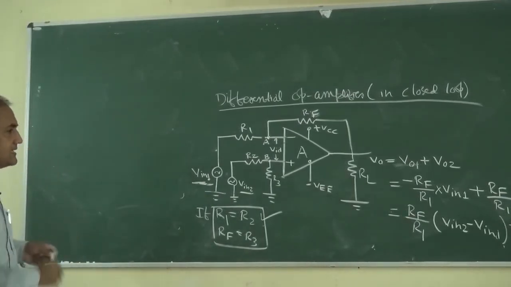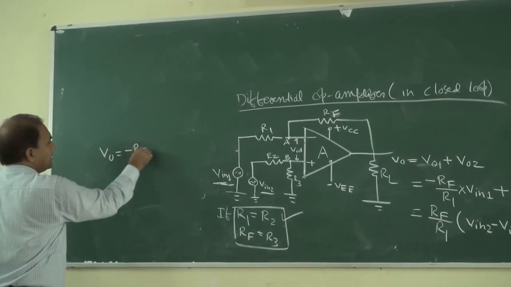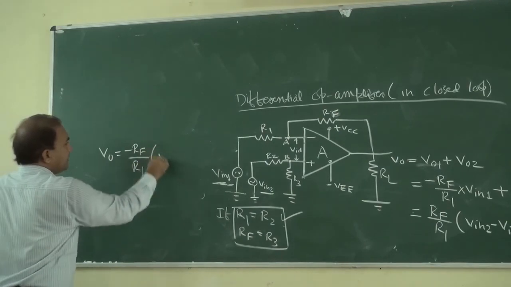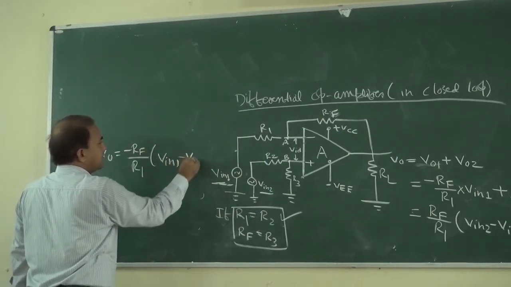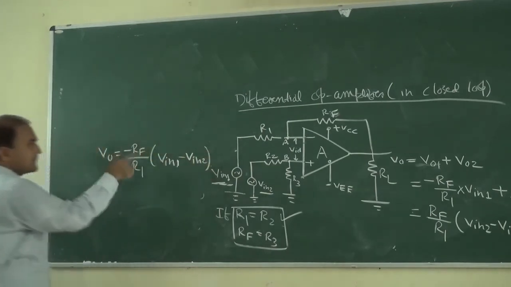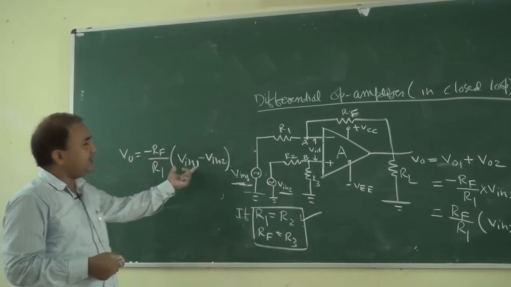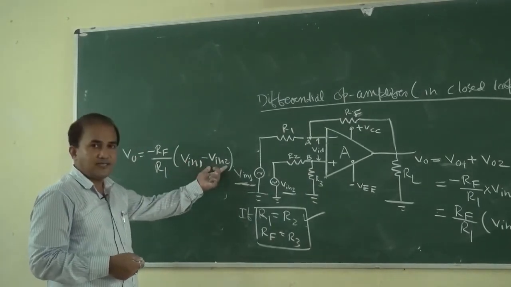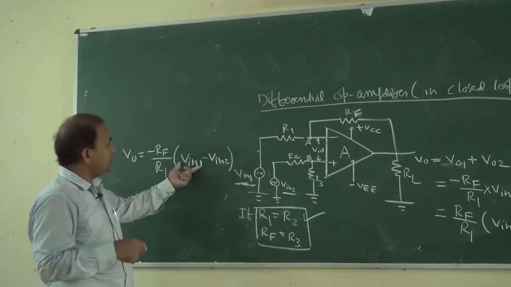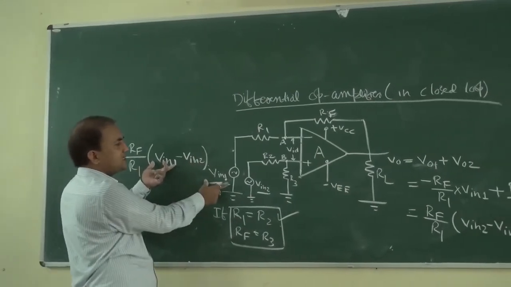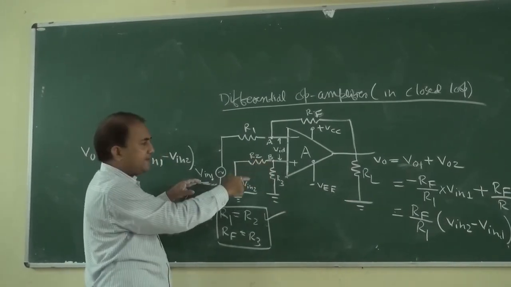So in the three cases, V output we can express like this: minus RF by R1 into (V in 1 minus V in 2). This is the expression for differential amplifier. In single-ended, either V in 1 is 0 or V in 2 is 0. If V in 1 is 0, then it behaves as a non-inverting operational amplifier.